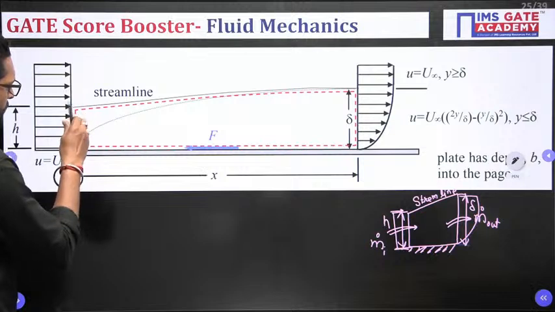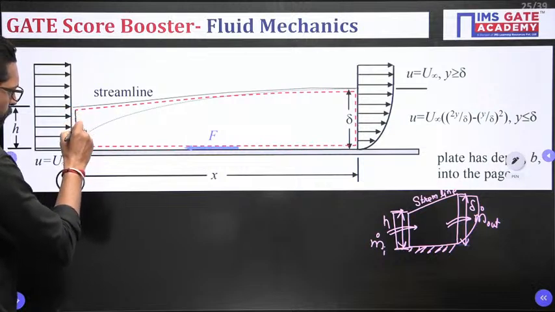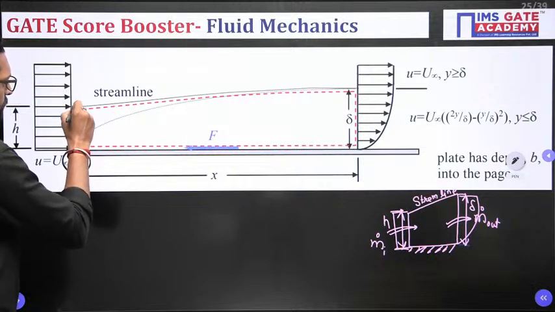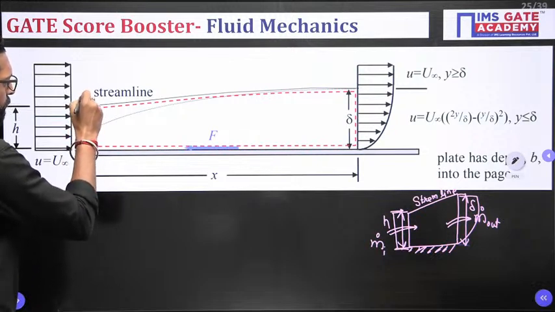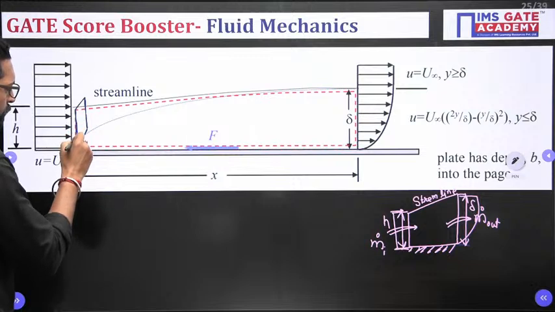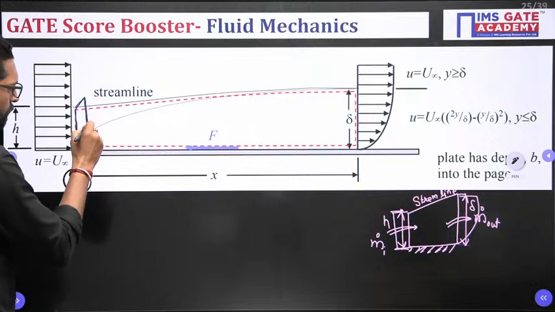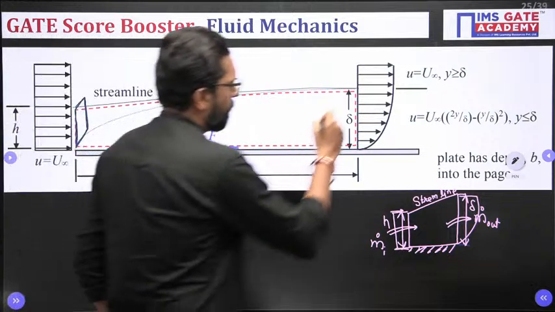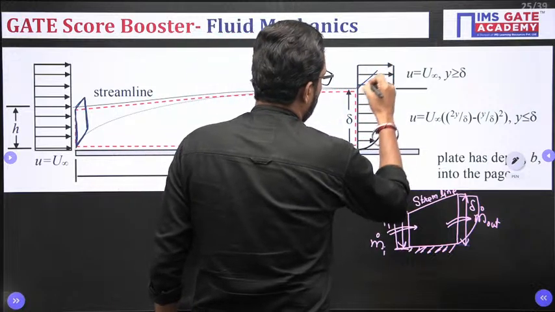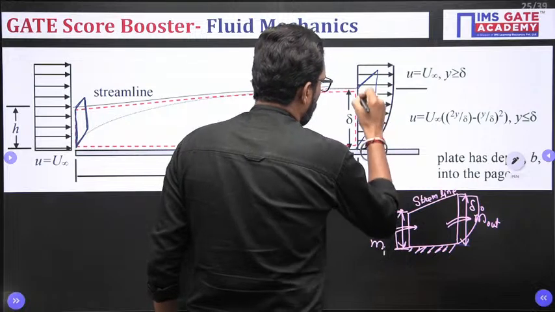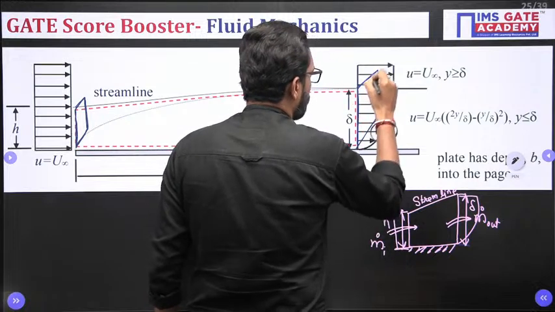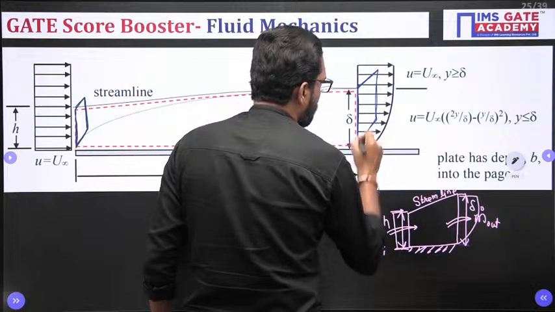So here, let's suppose this is our gate through which the fluid enters, with velocity V. Okay. This is our gate where the fluid exits, and the exit profile is parabolic.